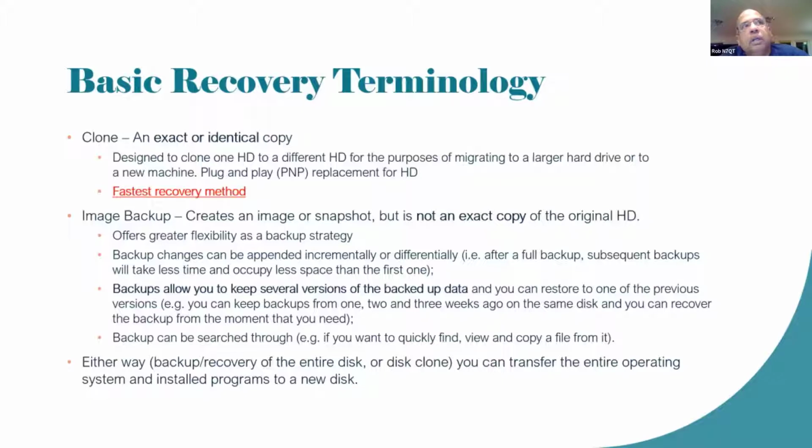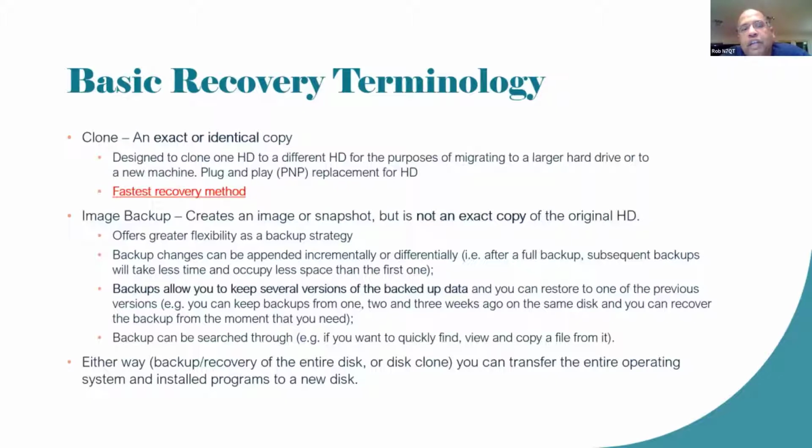The other terminology that we're going to use is called an image backup. What an image backup is, it creates an image or a snapshot of, say, your C drive, but it's not an exact copy. Think of an image backup as a file, if you wish, like a normal file that you'll see in Windows File Explorer.